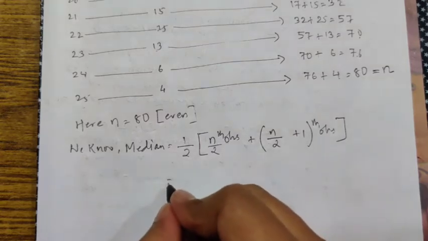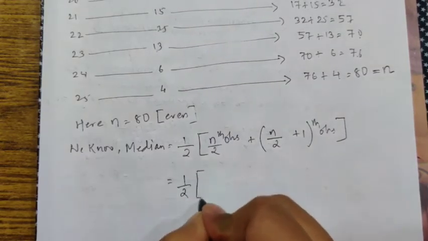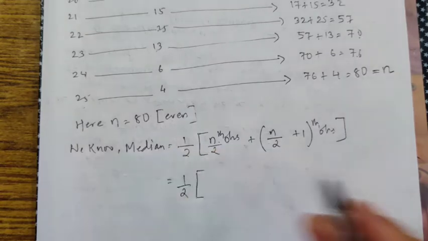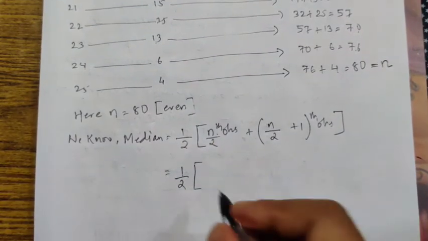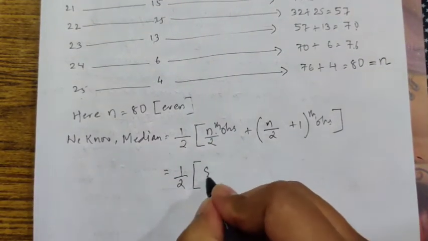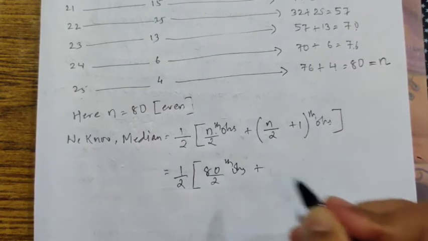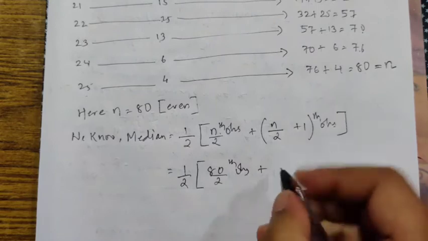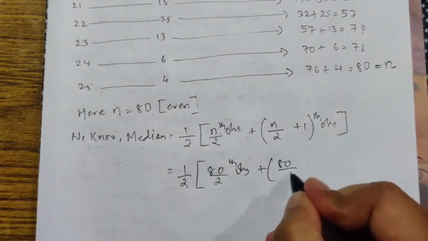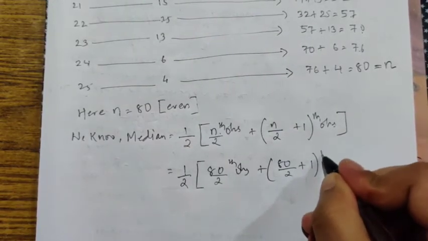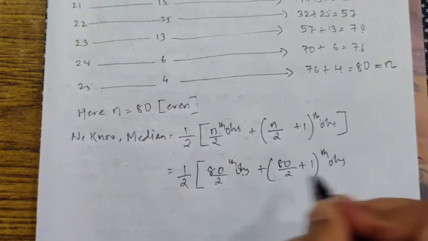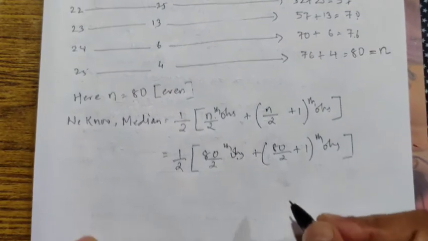So 1 by 2. What's the value of n? It's 80. So let's write down 80. 80 by 2th observation plus, I'm writing in shortcut OBS, 80 by 2 plus 1th observation. Make the habit of writing this. Always make the habit.